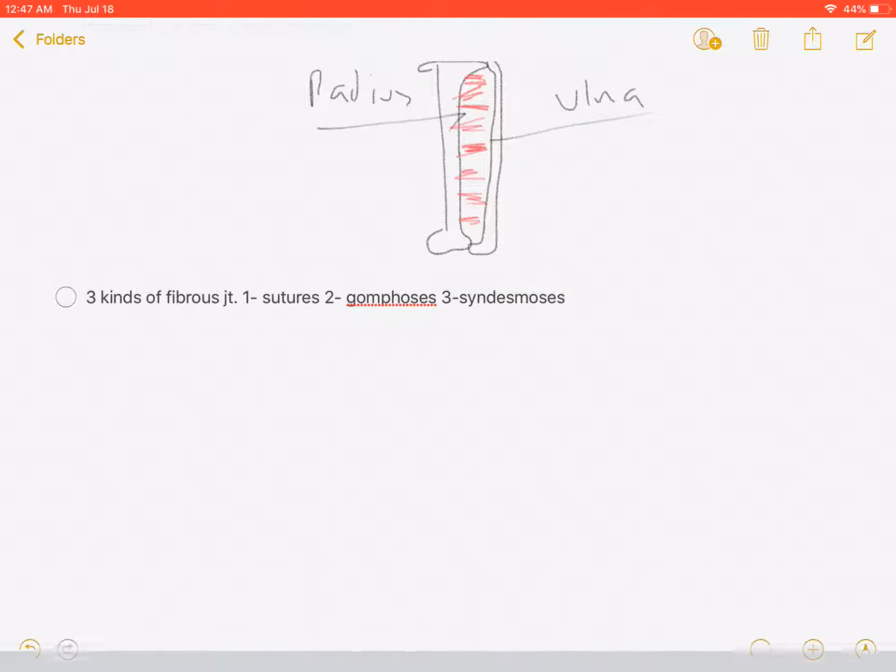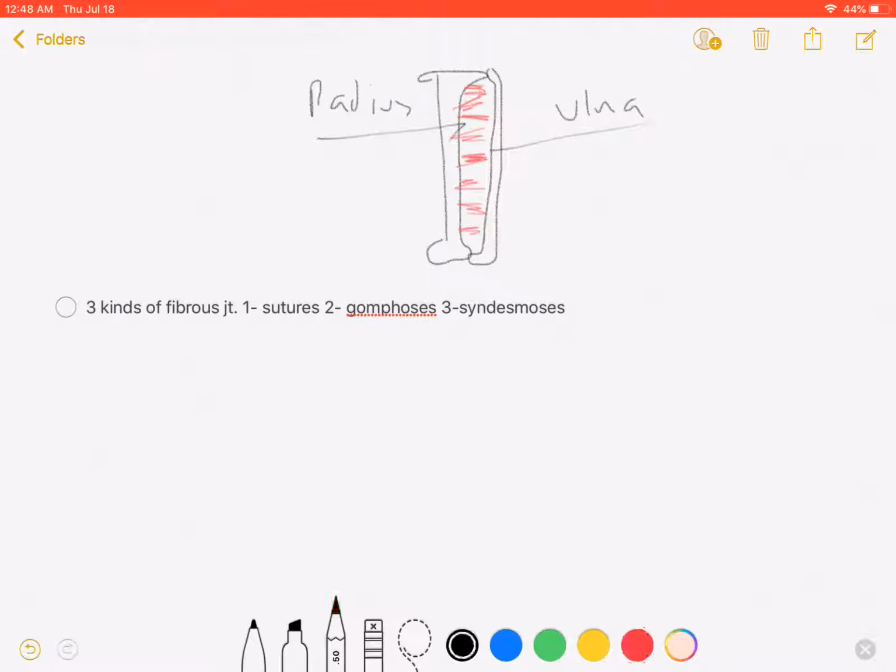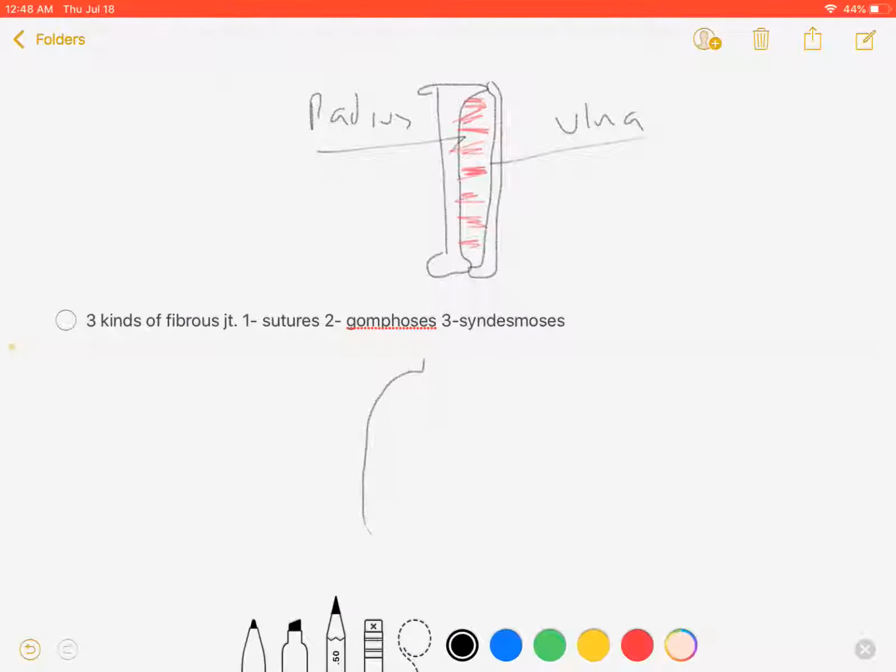The drawing that I just finished with the radius and the ulna, and your tibia and your fibula, that's an example of syndesmoses. An example of sutures, let me draw: this is your calvaria, your skull cap. Yes, it is a horrible drawing.